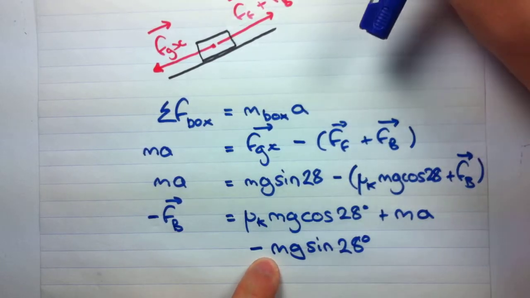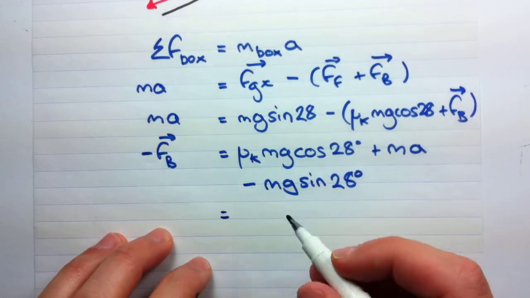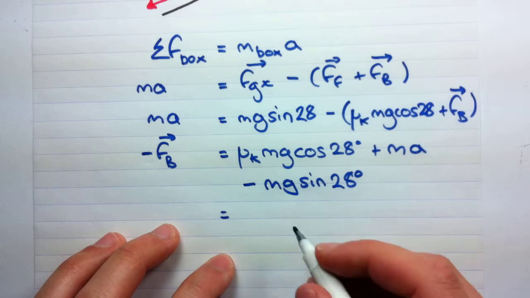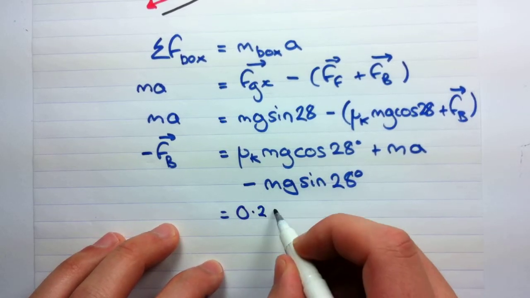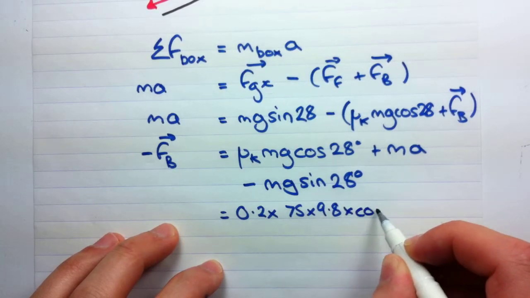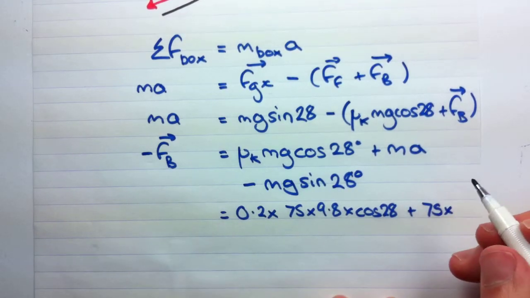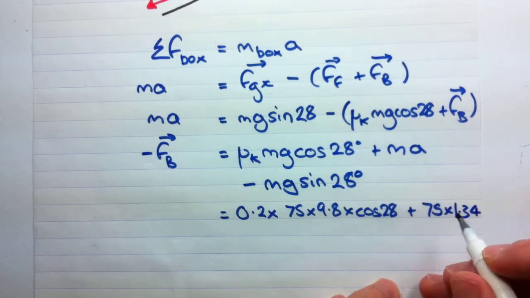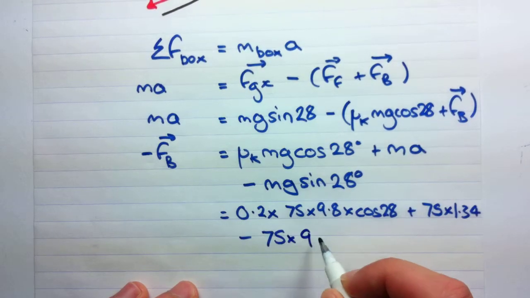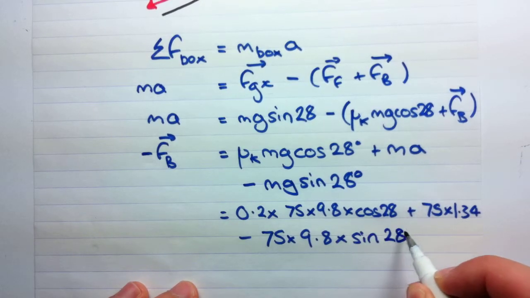We actually have all of these values just from the question, so let's put them in. μk was 0.2, times the mass of the box, which was 75, times gravity 9.8, times cos 28, plus the mass of the box, and it was accelerating at 1.34 meters per second squared, minus the mass of the box times gravity times sine 28 degrees.